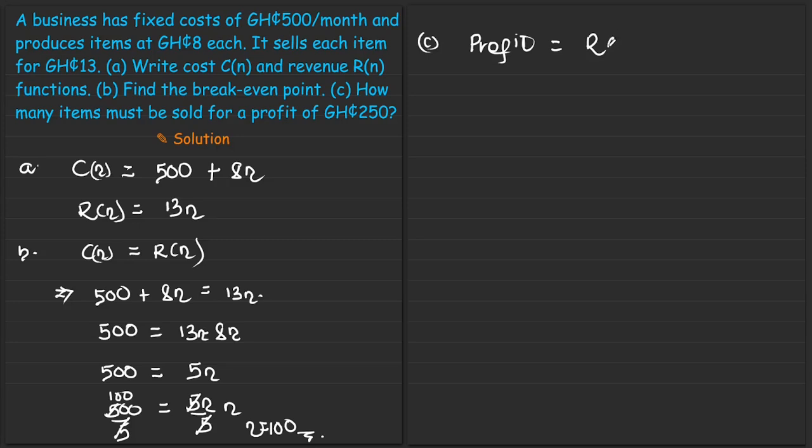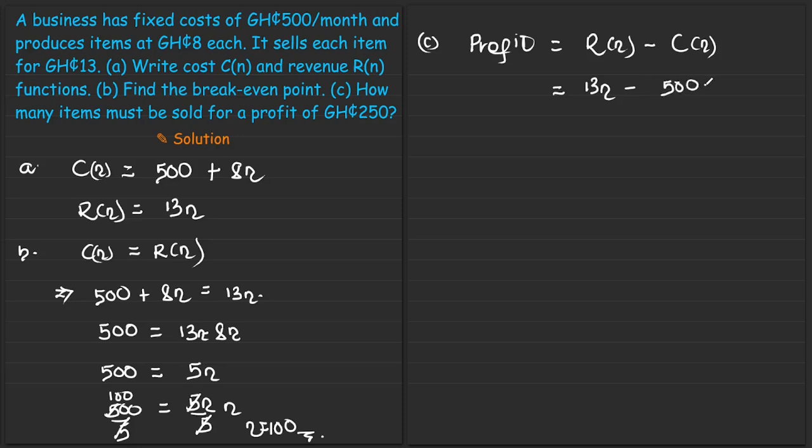In other words, the revenue with respect to the number of items being sold, minus the cost function with respect to the number of items being produced. So we know our revenue function was given as 13n minus the cost function, which is what?